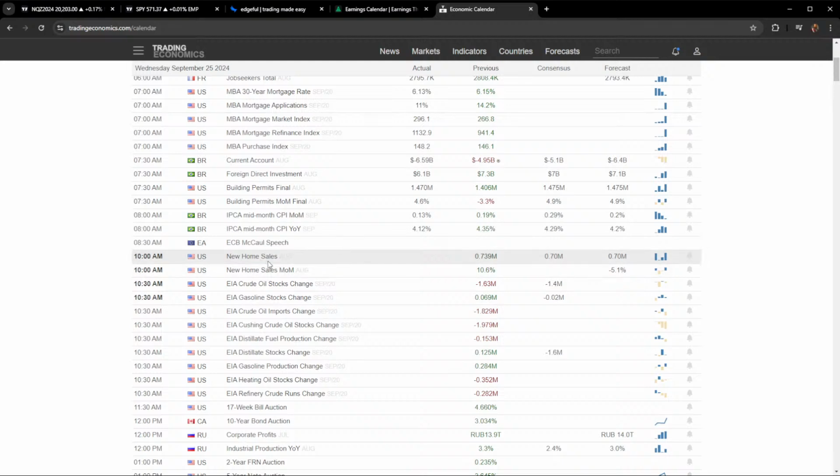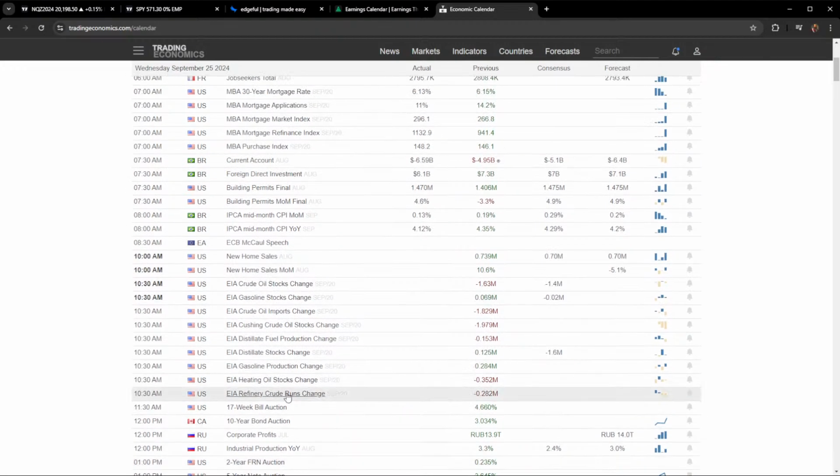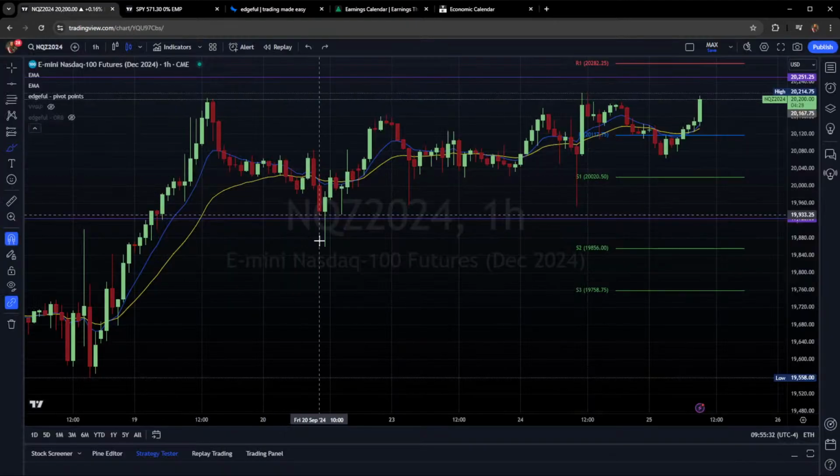New home sales, I don't really have anything that's going to really affect. I mean, if this comes in terribly, and some people look at that as like, okay, maybe that's an issue for the consumer, but I don't think we're going to see anything out of that. 5-year note, maybe we get a little bit of volatility later. Interesting.